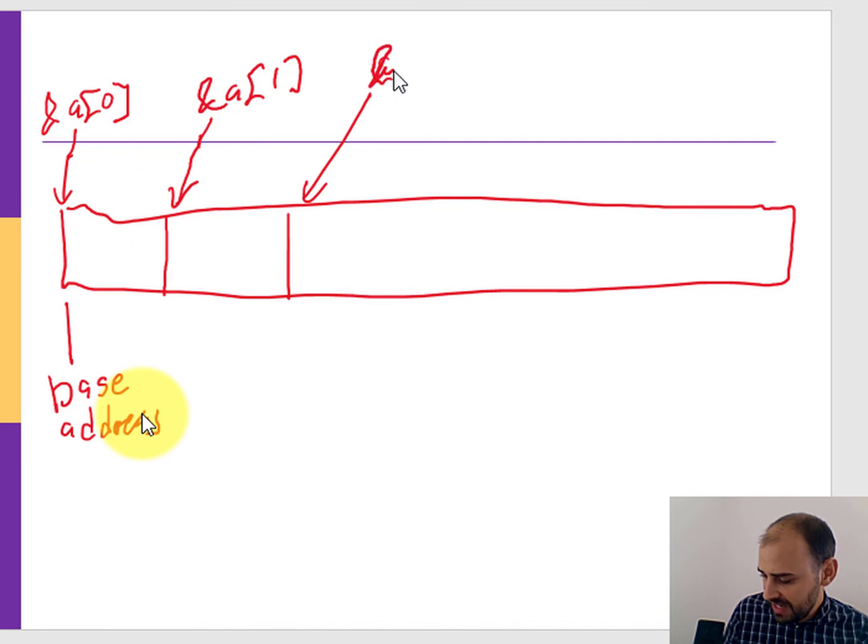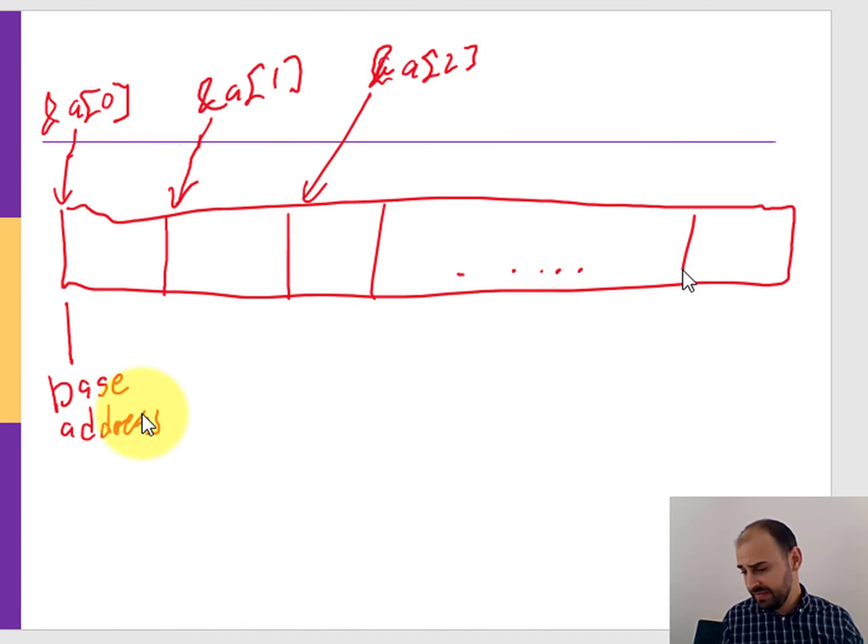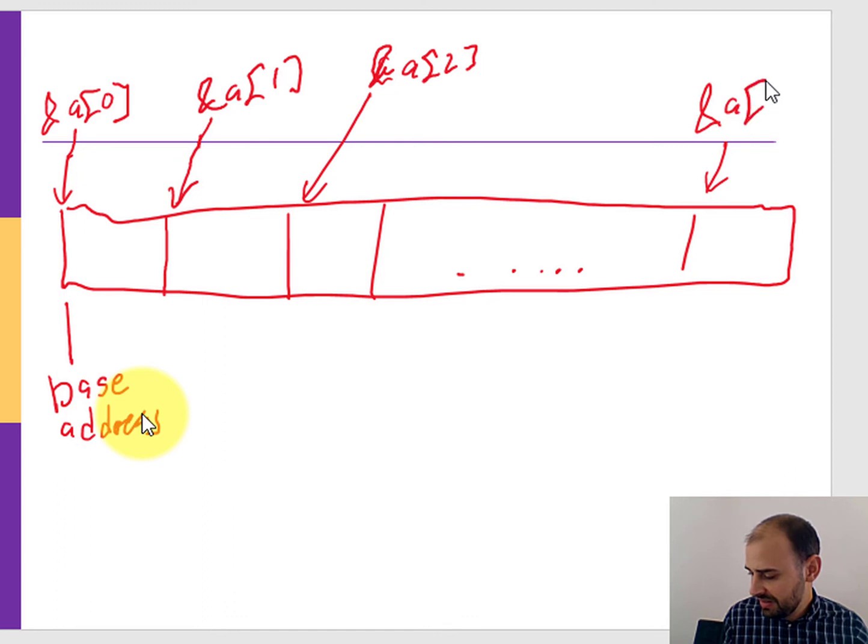We've got the address of A2, etc. Eventually, we've got the address of A9 because I said it's 10 long. These are all sequential in memory. Arrays work that way, and they make a nice example.